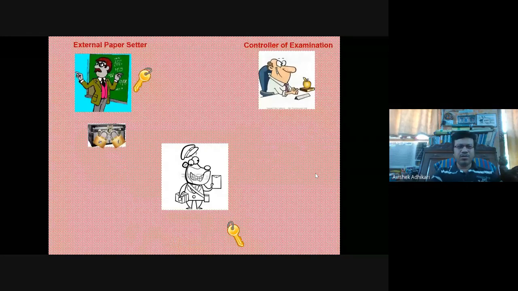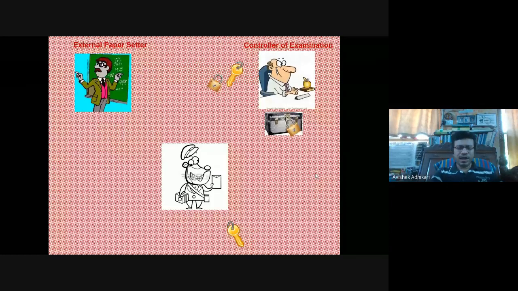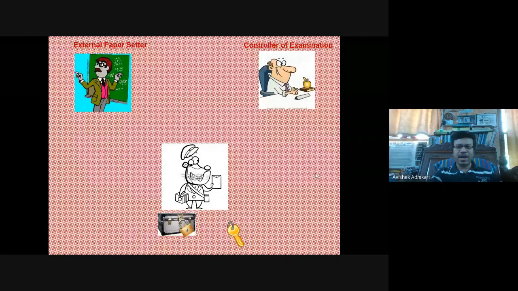The external paper setter will understand that it comes from the controller, so he will reopen it and give it back. Now this bad postman has both lock and key, so he will open it and see the question paper. Whatever he wants, he can do. He can modify the question paper, completely change it, lock it again, and send it back to the controller of examination.